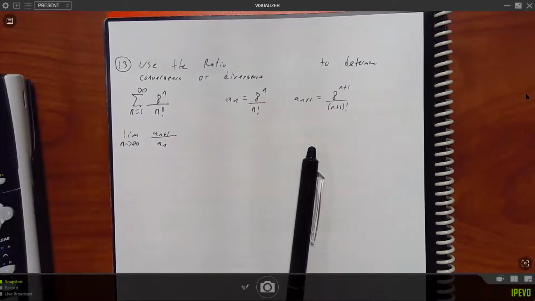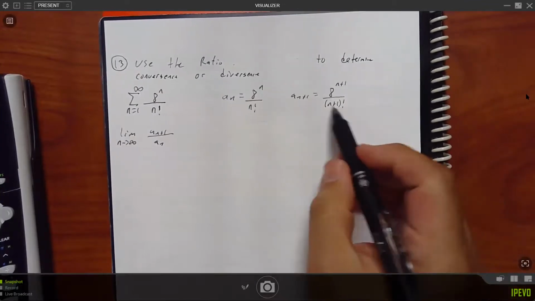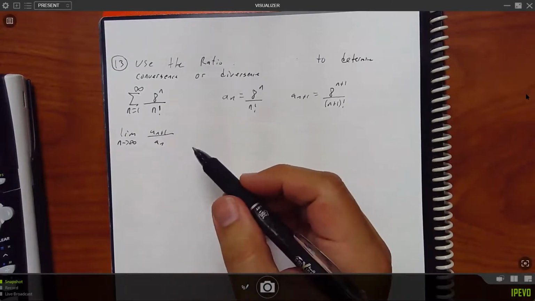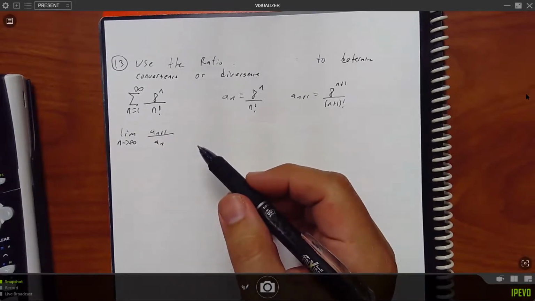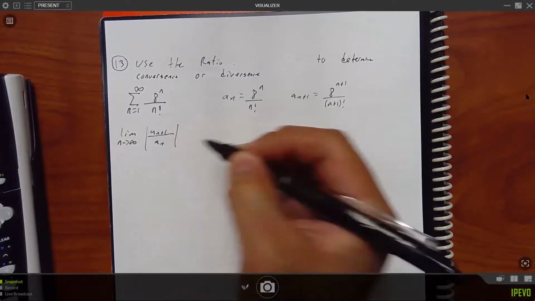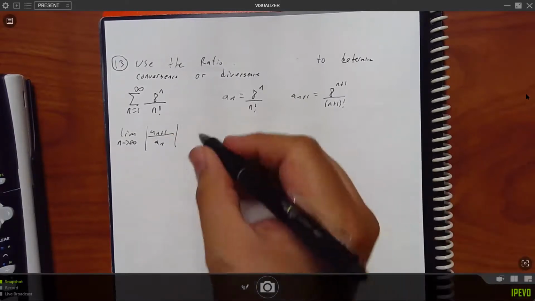Okay. So we just have to divide these two and then check if the limit is less than 1, in absolute value.